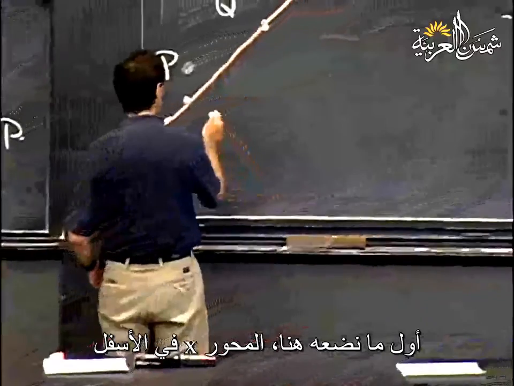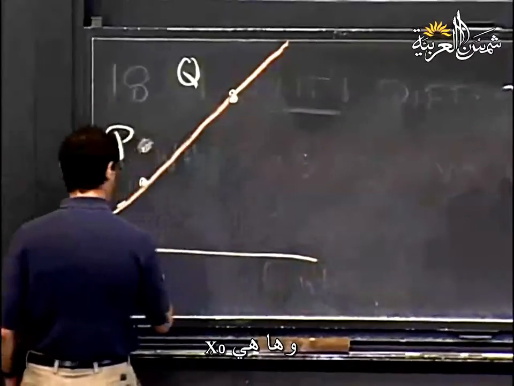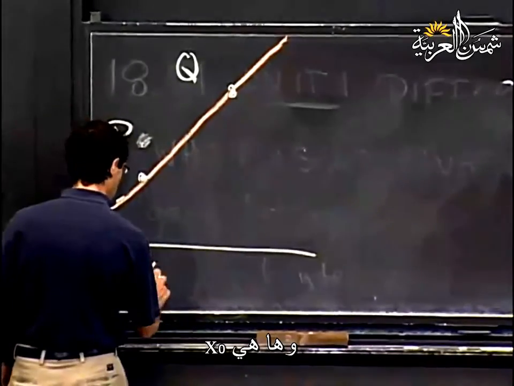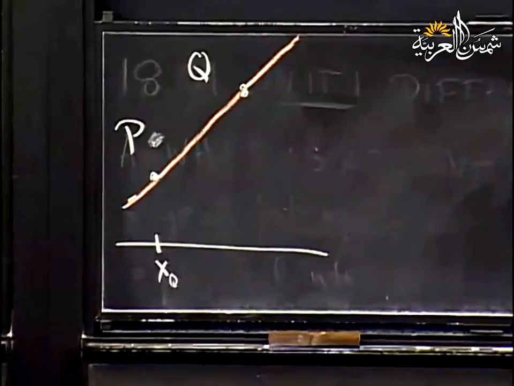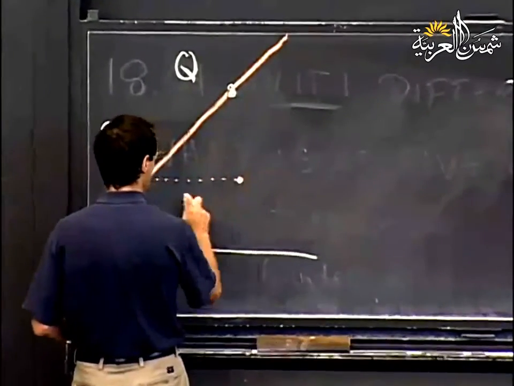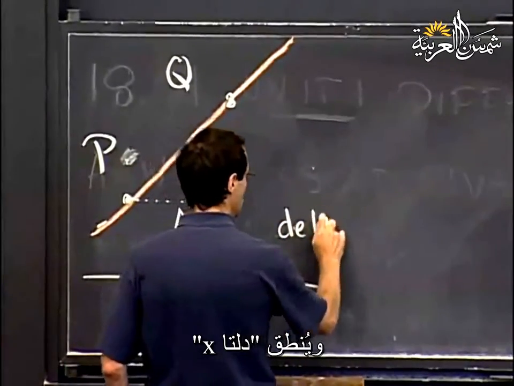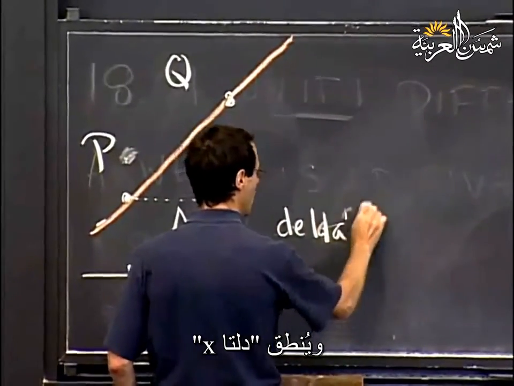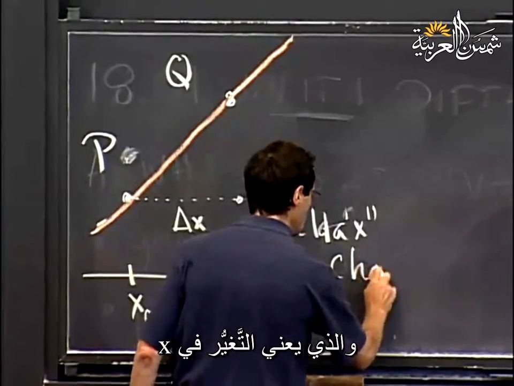So the first notation that's used is, you imagine here's the x-axis underneath, and here's x0, the location directly below the point P. And we're traveling here a horizontal distance, which is denoted by delta x. So that's delta x, so-called. We could also call it the change in x.